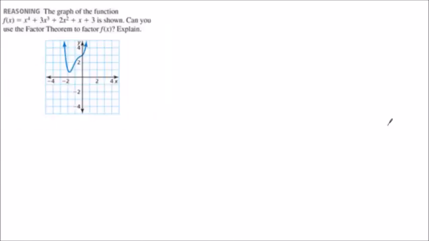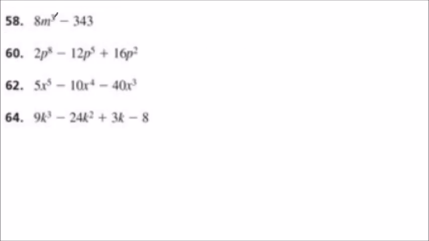Next question. Oh god, I skipped 2. We'll factor these other numbers. Now, our 8m cubed minus 343. 343, first of all, is 7 cubed, so we'll just put that down right there. 8 is 2 cubed, so we'll have 2m right there, and they're all cubed. So we'll have 2m cubed minus 7 cubed, a difference of cubes.